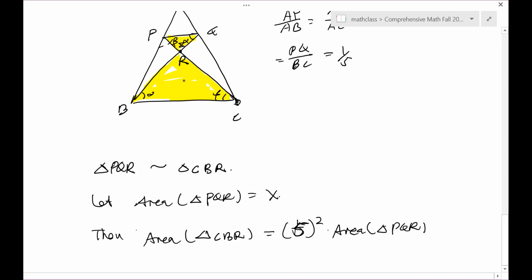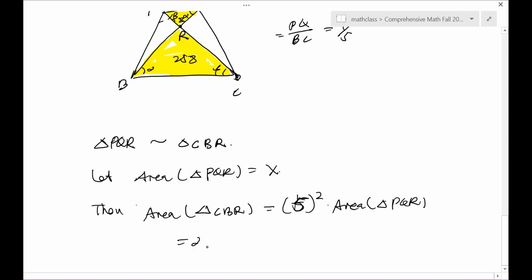That is going to be 25x, because BC is 5 times PQ.